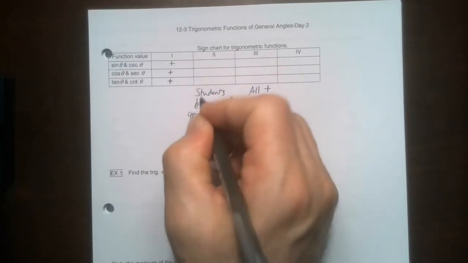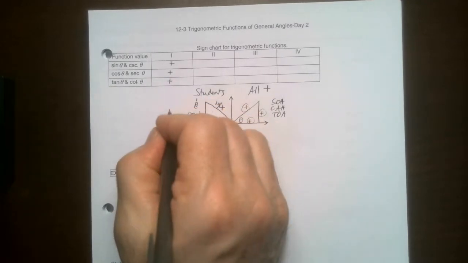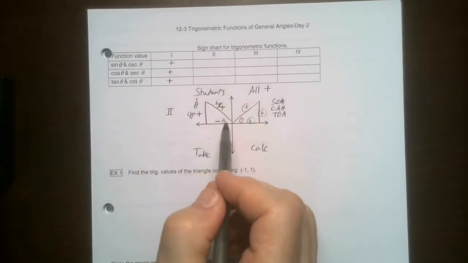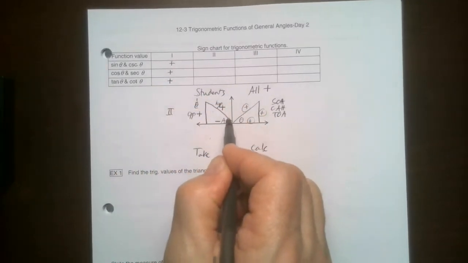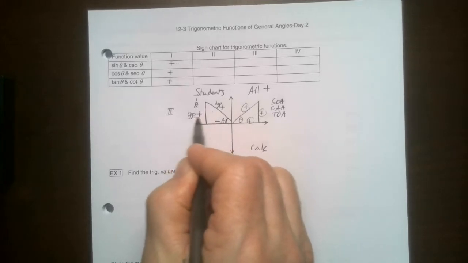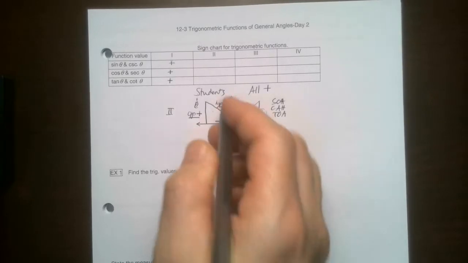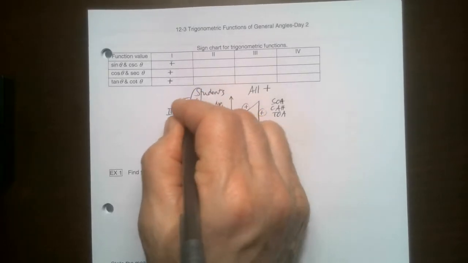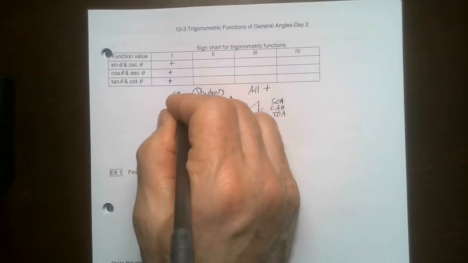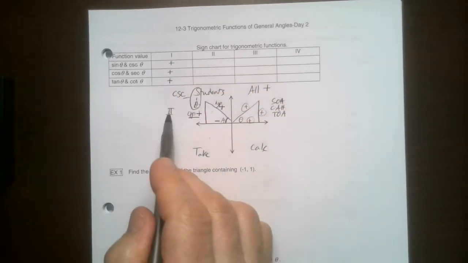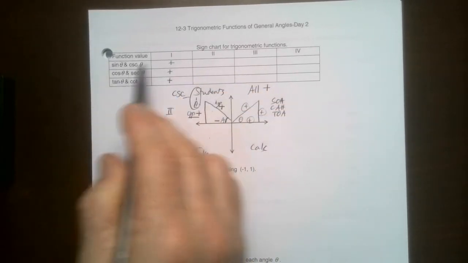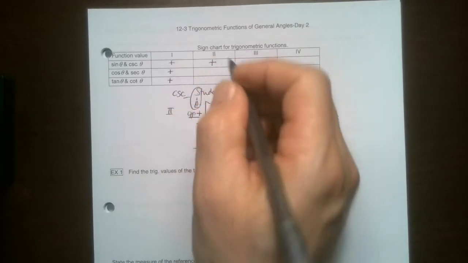All things are positive. Only sine is positive in the second quadrant. Now you could prove it, because if this is your reference angle, opposite is positive, hypotenuse is positive, so positive over positive is positive. But if sine is positive, then so is the reciprocal cosecant. So in quadrant 2, sine and cosecant are positive.